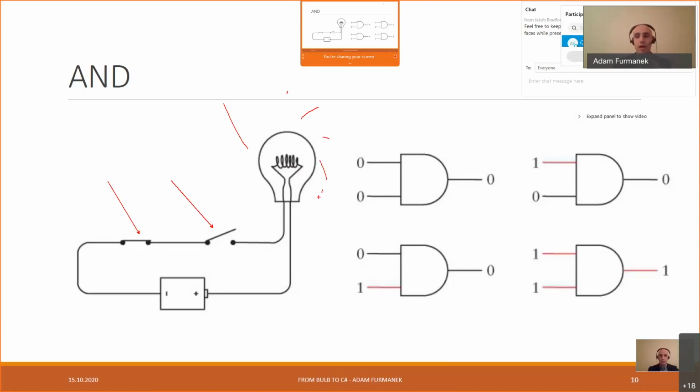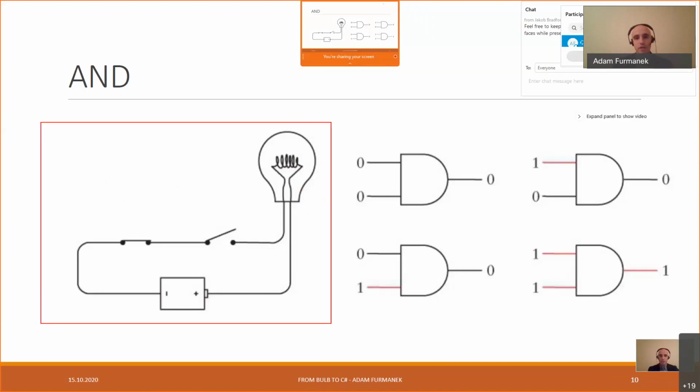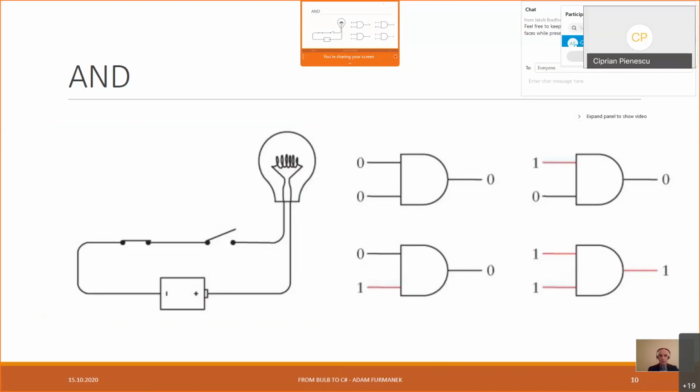We need to have some other notion or some other way of specifying that what we want to build is the circuit which represents the conjunction of two variables. And this is called the AND gate. This gate is represented as this letter D shape with two inputs and one output.